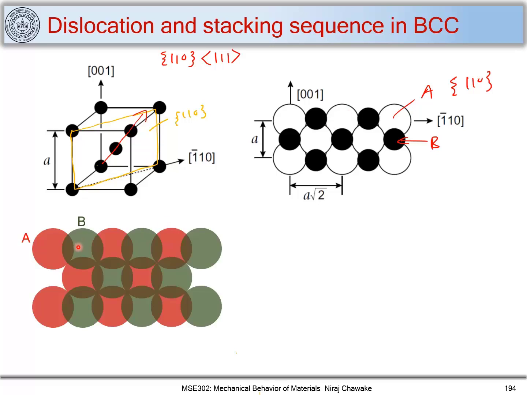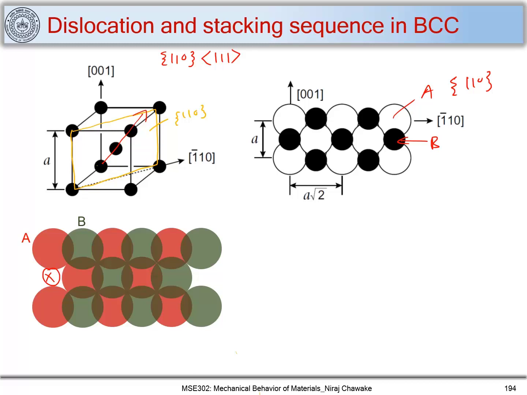So let's consider these are the atoms. The red color atoms are in the A layer and green color atoms are in the B layer. And what are the positions of these B layer atoms? So they will occupy positions above. Let's mark those positions. So B layer atoms will occupy this kind of position.